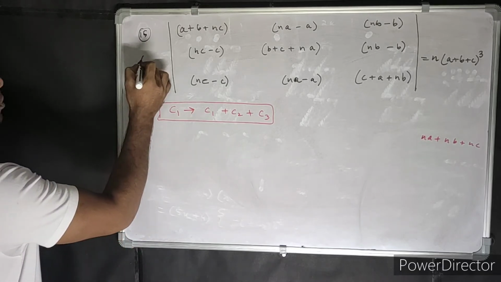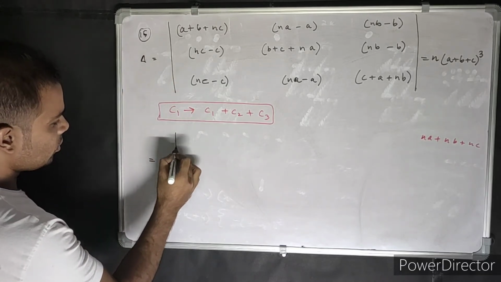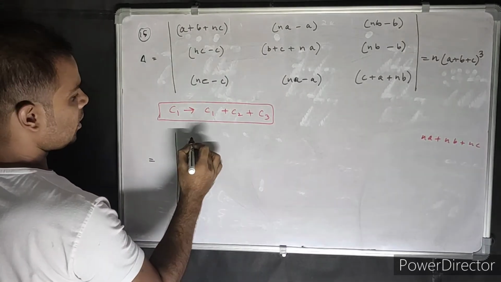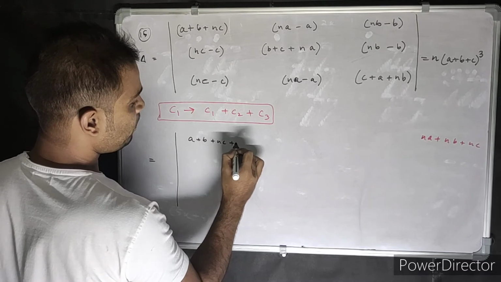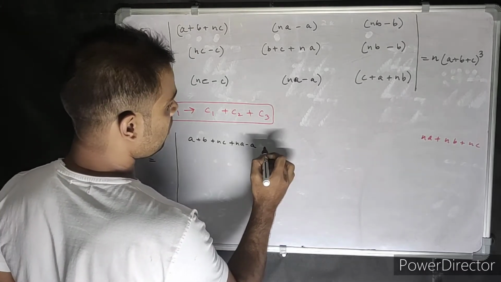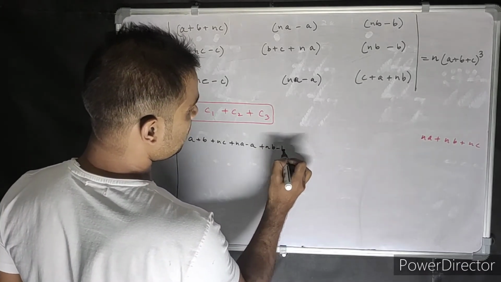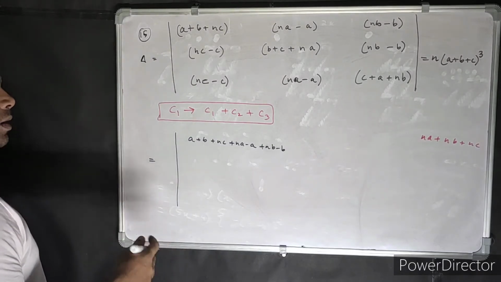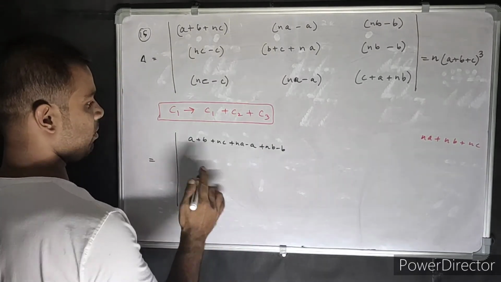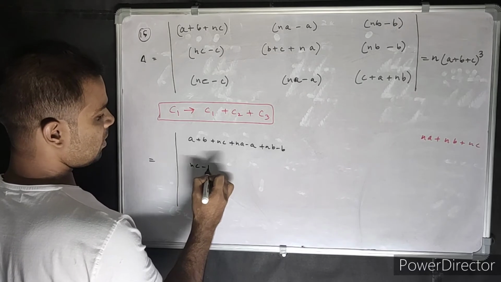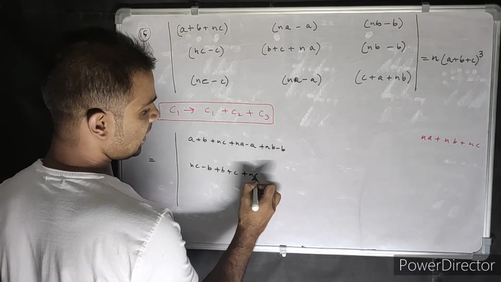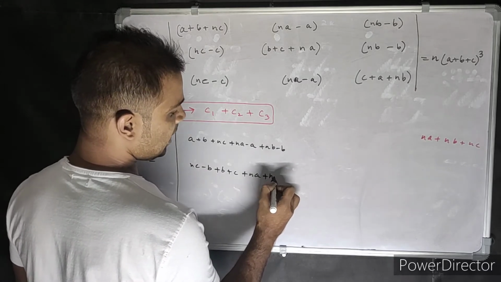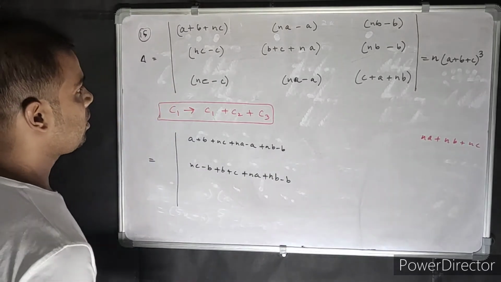Okay. So this is the determinant value. So now it becomes a plus b plus nc plus na minus a plus nb minus b. I know this is going to get a little long, but only this part, okay? Next, nc minus b plus b plus c plus na plus nb minus b, okay?